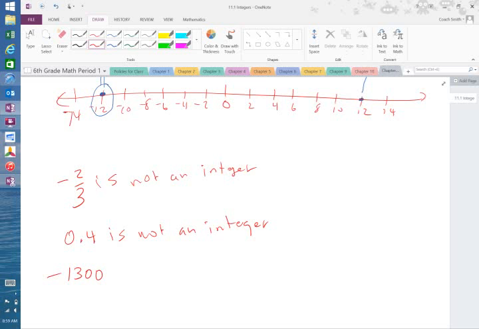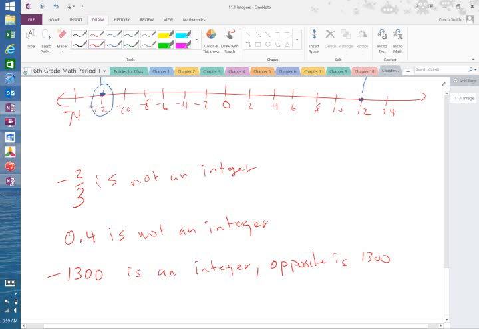Okay, what is its opposite? Huh? 1300. It is an integer. And its opposite is 1300. Okay, like I said, you can put a positive sign above it if you'd like. Don't have to. Okay? So, pretty self-explanatory, not real hard.